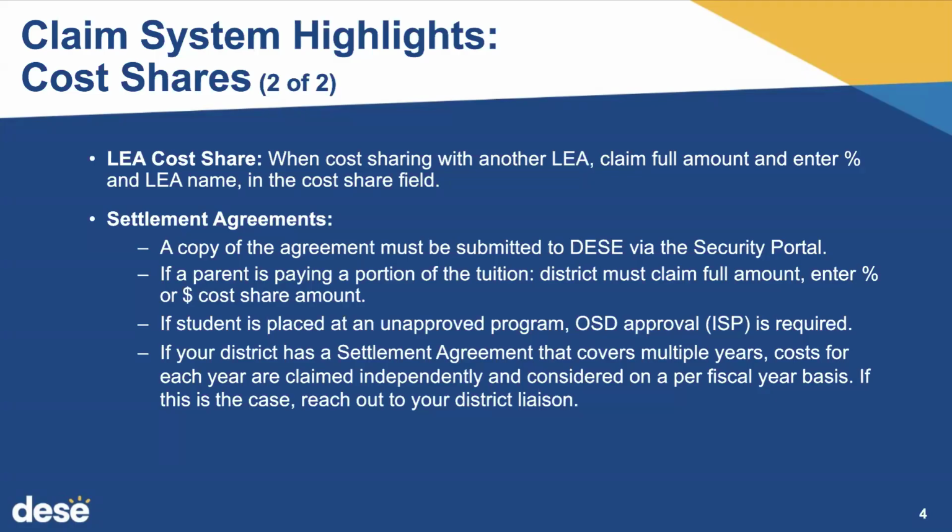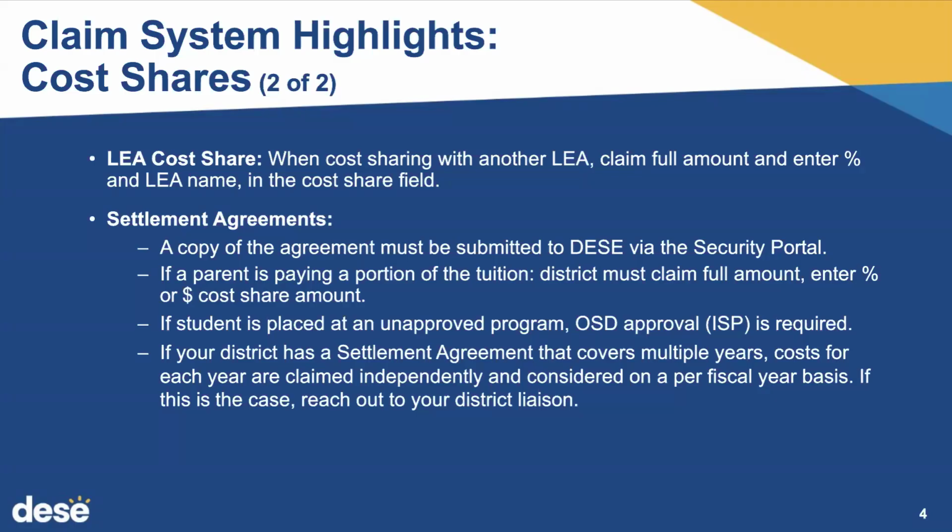If the settlement states the parent is paying $5,000 towards the student's tuition every year, you would enter the cost share as $5,000. You don't need to figure out the percentage. You have the amount in the settlement agreement, and the difference should match the amount that you paid.